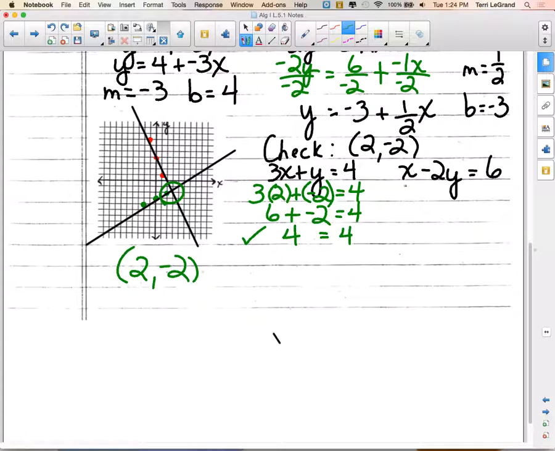And now we'll go over to our other one and substitute in 2 for x, negative 2 for y, and not just magically say that that is 6 equals 6. Because this is where lots of students would try to make themselves and me even try and think that they can make me believe that they know what they're doing here. I'm going to change this to add the opposite.